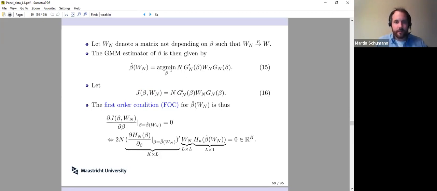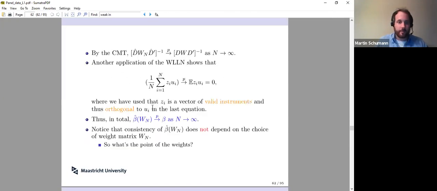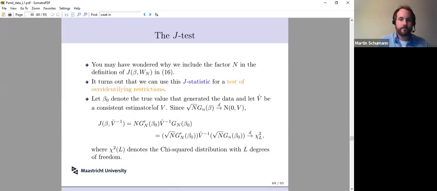If you find the argument of the whole thing, it's the same, because this is simply a constant. So this 2 times n drops out of the first order condition, so it's completely irrelevant. So the question is, why did we actually put this n there? Well, this is what we will see now at the J test.